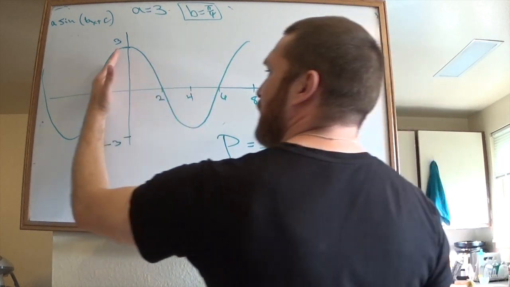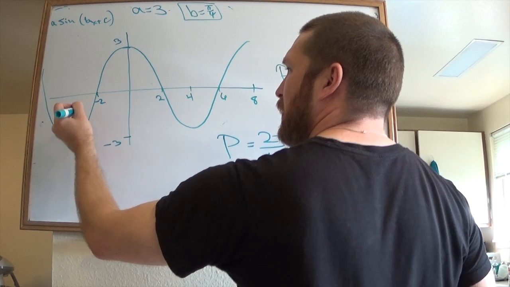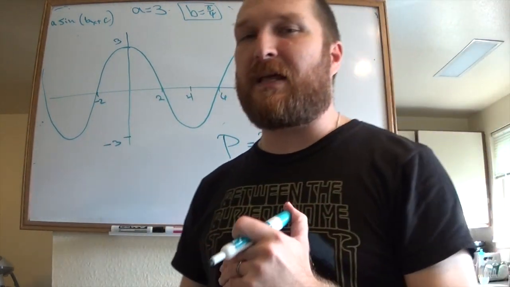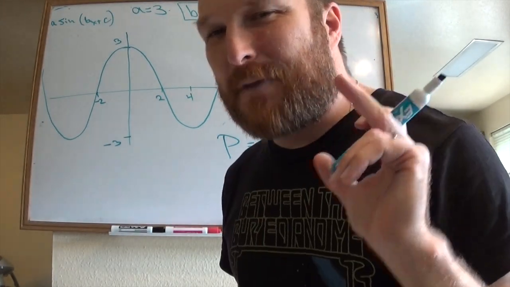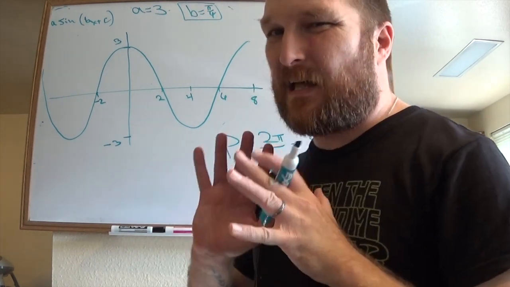It could have been that this was sine, and it got shifted down here to -2. It could have been the next one, and so on and so on for infinitely many. So I think what your book says is to find the smallest positive value of C.